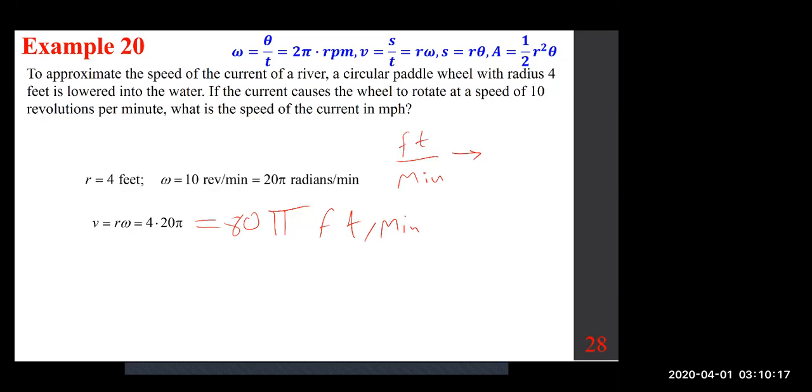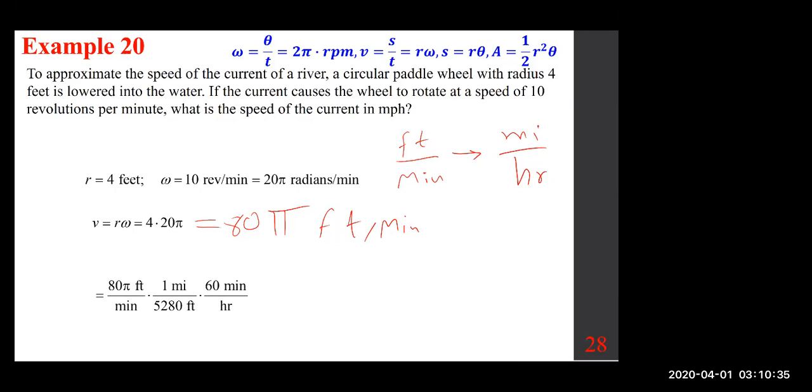We want to make it miles per hour, so we need to put the appropriate unit transformation such that the ultimate answer is miles per hour. Again, we've been exposed to this. We should know this. 1 mile is the same as 5,280 feet, in any order, but you have to figure out the proper order.